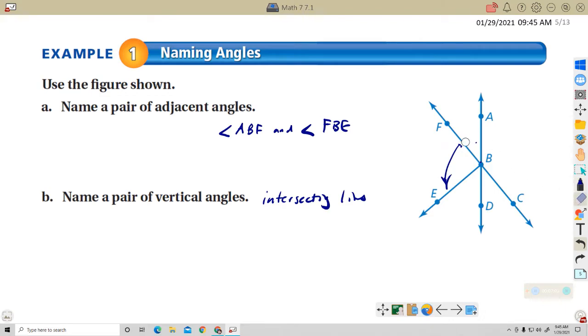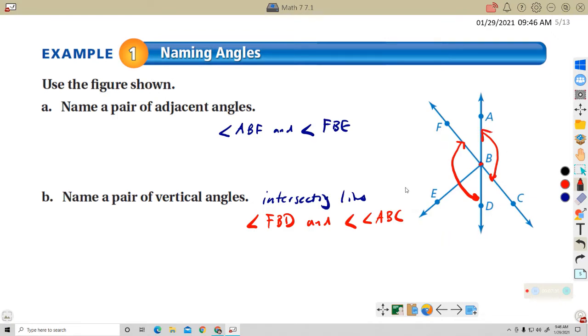Let me erase this so you're not confused here. FBD and angle ABC. Again, they share this common vertex, so this B is going to be in the middle, here and here. ABC, which is this one.